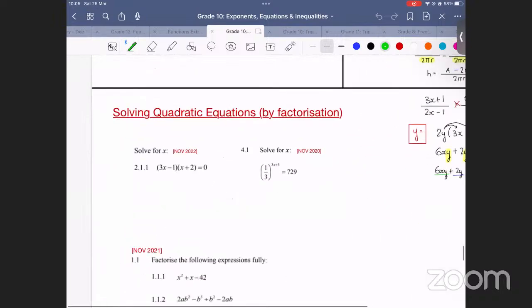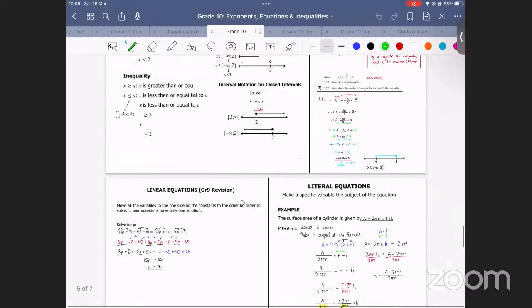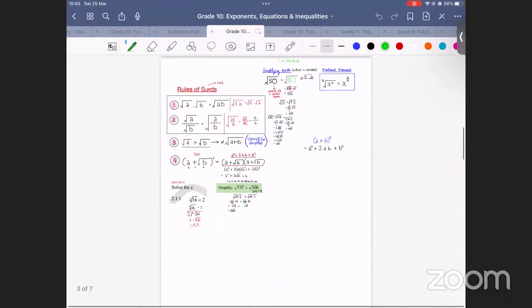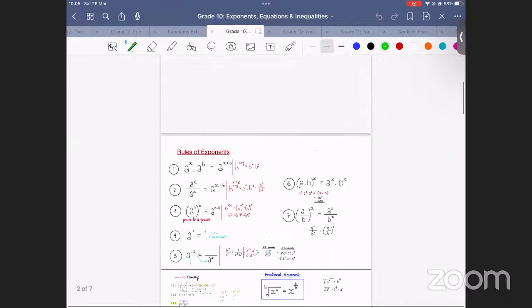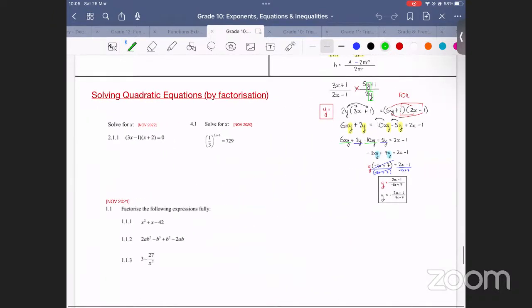Okay, so I'm just trying to think. Give me one second. I just want to see. I will reshare my screen in a bit.